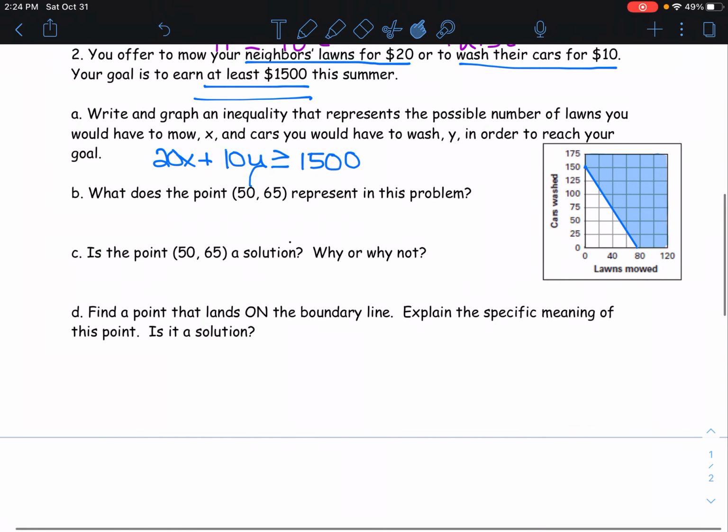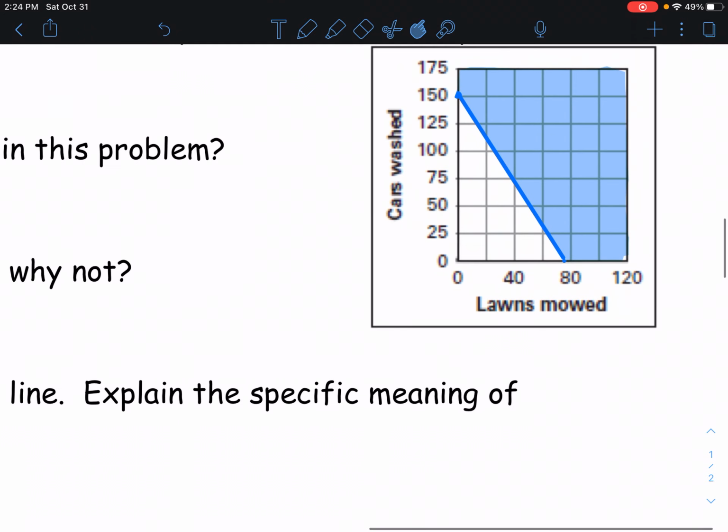So let's look at our graph. 50, 65, probably a solution. It's somewhere in that neighborhood, right about here. It looks like it might work, but this one's a little too close to tell.